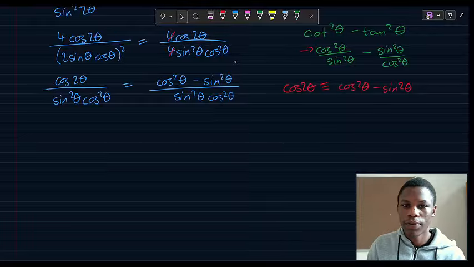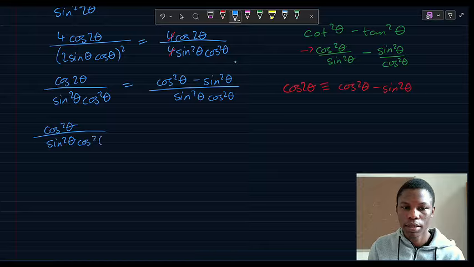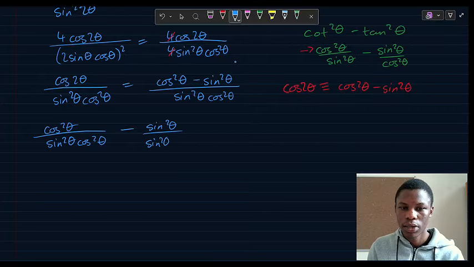And we can simplify this by distributing the denominator. So I can have cos squared theta over sine squared theta cos squared theta, minus the sine squared theta over sine squared theta cos squared theta.